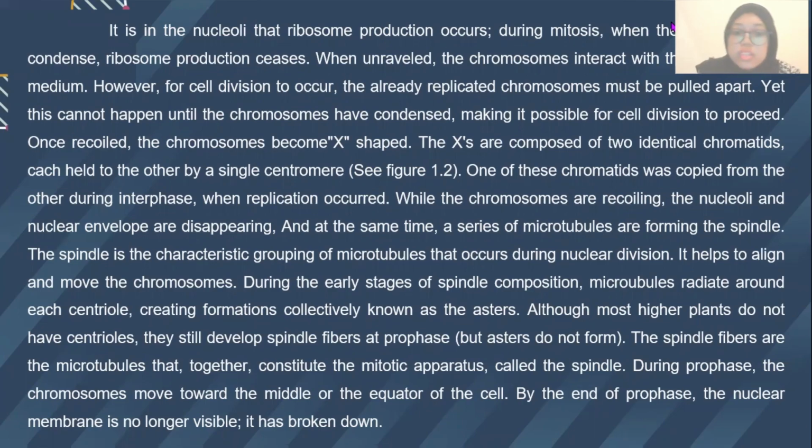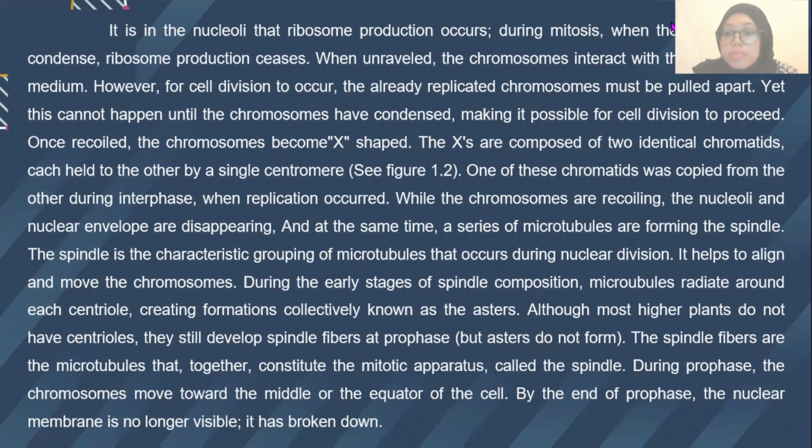During the early stage of spindle formation, microtubules radiate around each centriole, creating formations collectively known as the asters. Although most higher plants do not have centrioles, they still develop spindle fibers at prophase, but asters do not form.